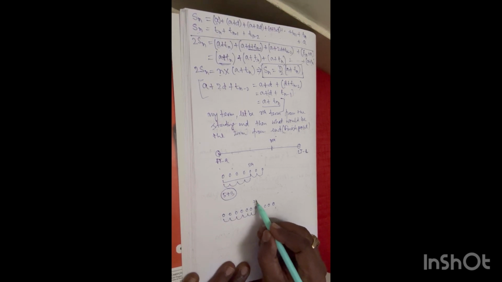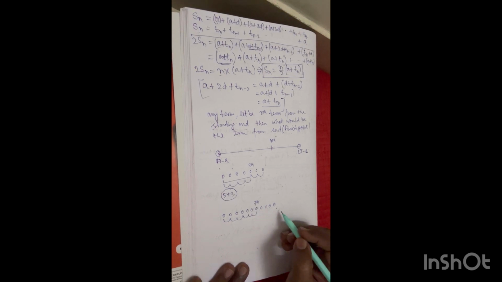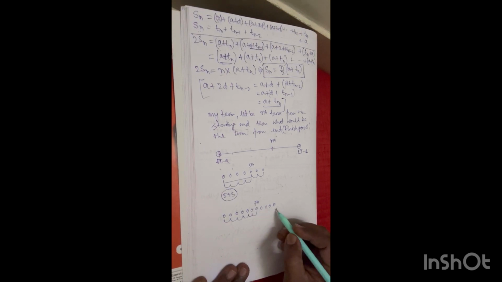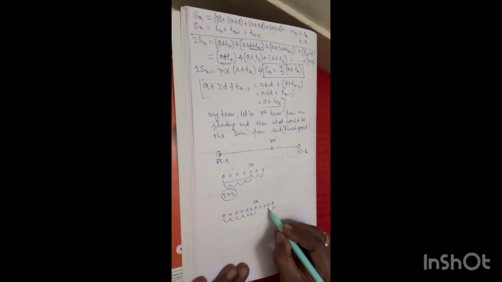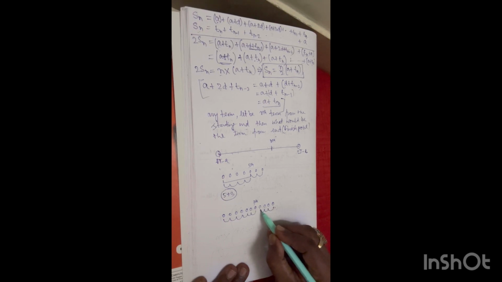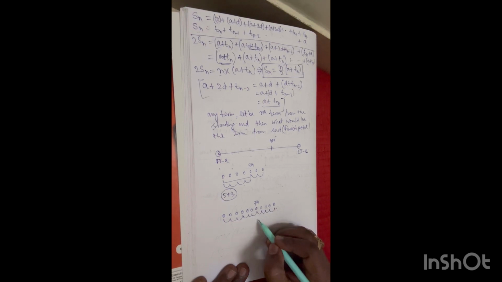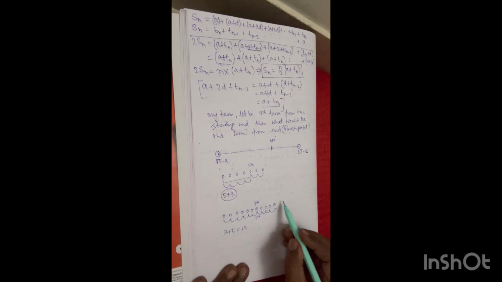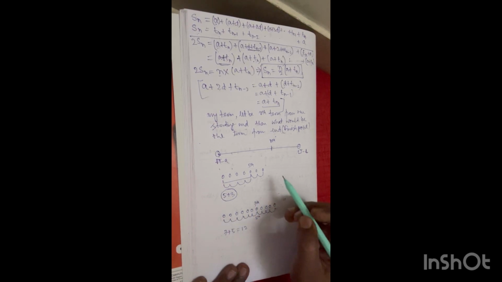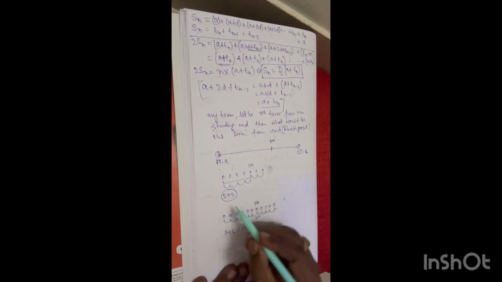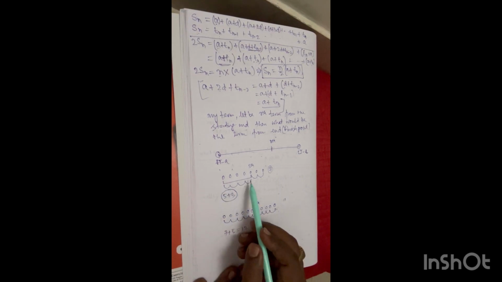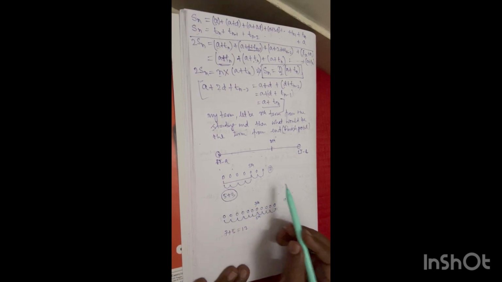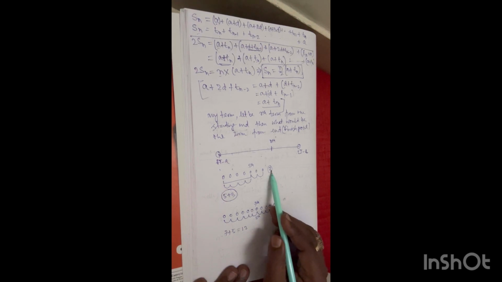Now we count from the end: 1, 2, 3, 4, 5. So from the end I am getting fifth. If I add these counts, I get 12, while here the count of numbers is 11. So every time, whatever counts I get from either side, if I add them, I get one more than the count that actually exists.